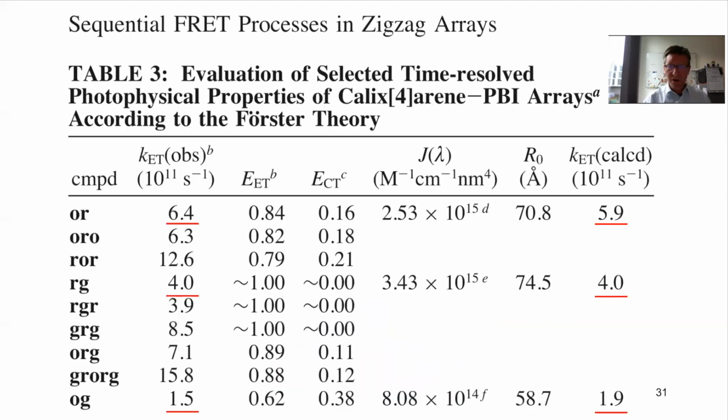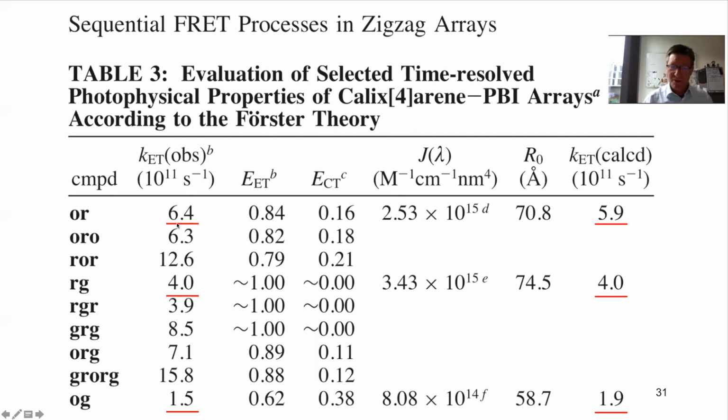Now they were correlated to the Förster model. So here we see observed rates and calculated rates together with this spectral overlap integral in per mole per centimeter nanometer to the power 4. These are the typical units of the overlap integral for the different steps.